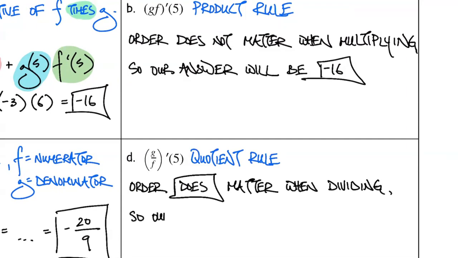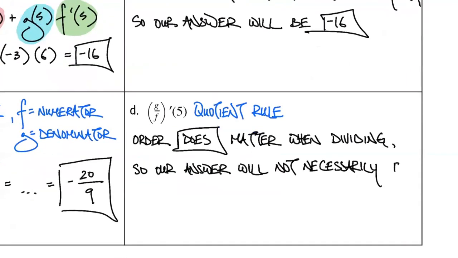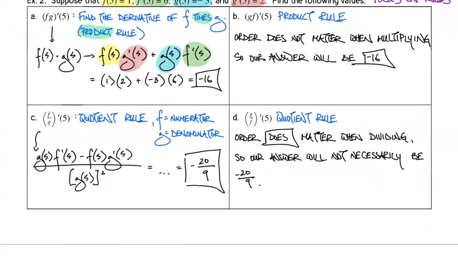So our answer will not necessarily be negative 20 over 9. Okay. In fact, in this case, the answer will not be negative 20 over 9.